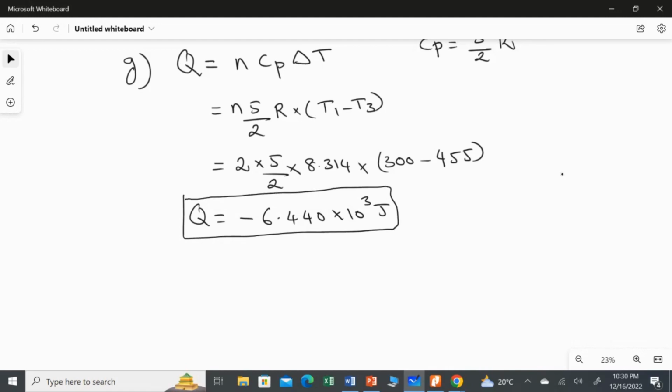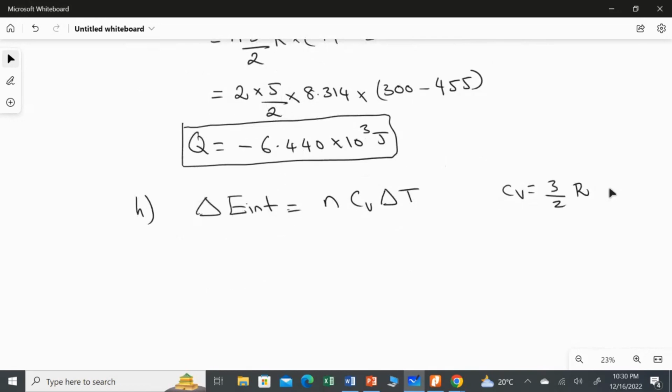Clear? Okay. Now I have to answer the H part, the change in internal energy. The change in internal energy takes the rule n Cv delta T, right? And the Cv for the monoatomic gas is 3 over 2 times R. And again, the change in temperature is T1 minus T3.